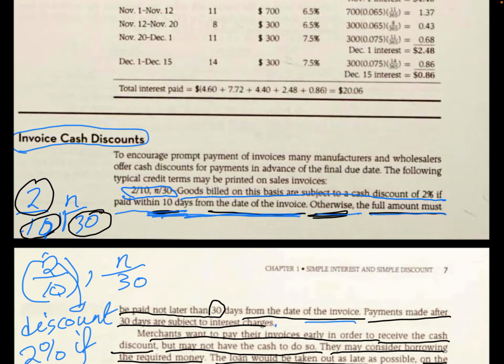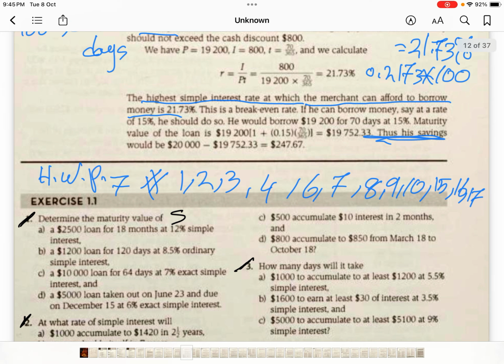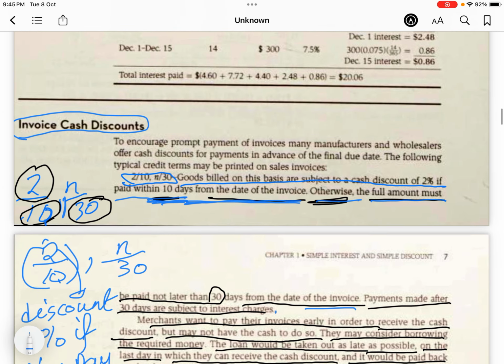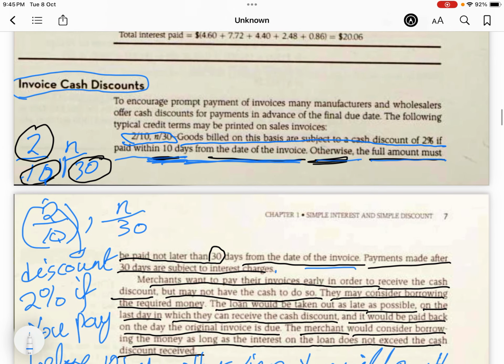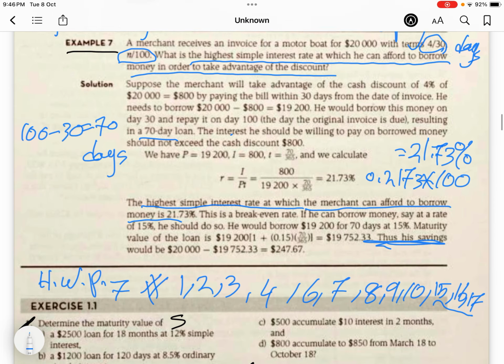First of all, the homework, I will say it again. Homework, page 7, numbers 1, 2, 3, 4, 6, 7, 8, 9, 10, 15, 16, 17. 15, 16, 17 talk about the last material that we covered in the previous video, which is invoice cash discounts.